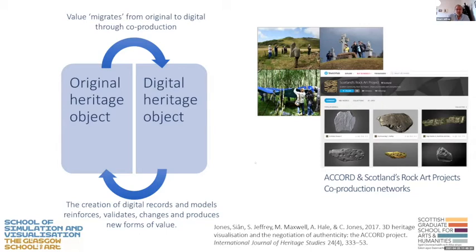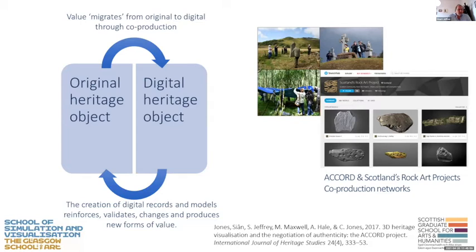And there were a couple of projects I was involved in over the last few years, which looked very closely at that by engaging in co-production of digital objects. One was the ACCORD project, working with about 10 community groups across Scotland, and more recently, Scotland's Rock Art project, where the records of the rock art, almost entirely done through Structure from Motion, are being co-produced with community groups. And there's about 2,500 records that we're dealing with there.